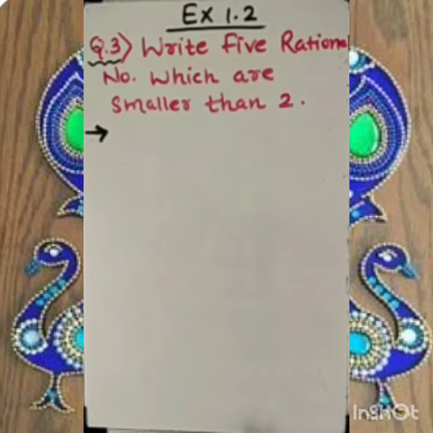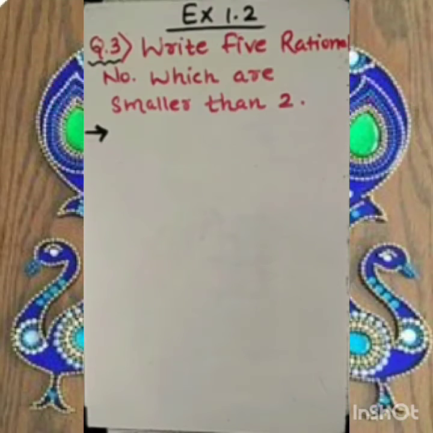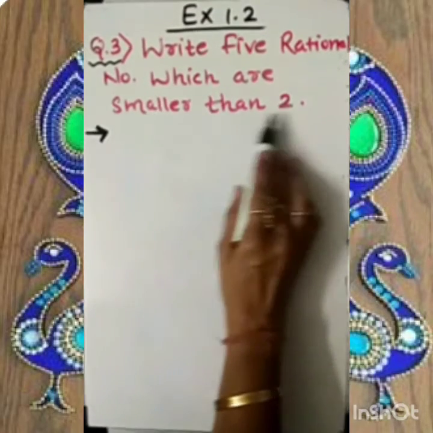Smaller than 2 means all the numbers which are to the left side of 2, they all are rational numbers, because we know all the natural numbers are also rational numbers, all the integers are also rational numbers. It is quite easy to note down. What we are going to do, smaller than 2.